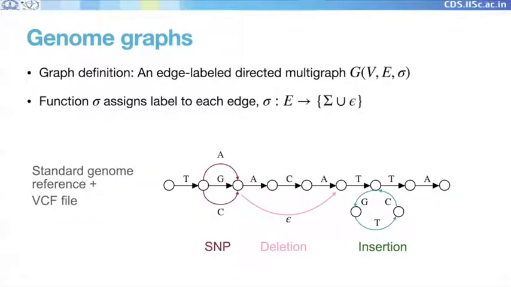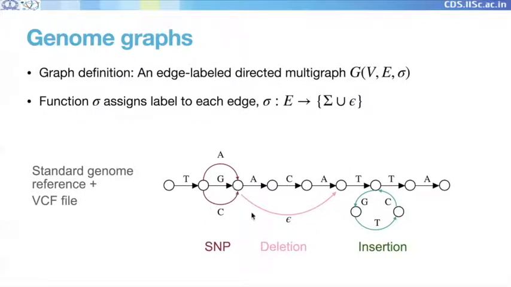Before listing the problem formulations, I want to clarify the definition of genome graphs. Here, a genome graph is a directed graph where each edge is labeled with a nucleotide character, or it could be labeled with an empty character. A SNP variant is augmented as a bubble.